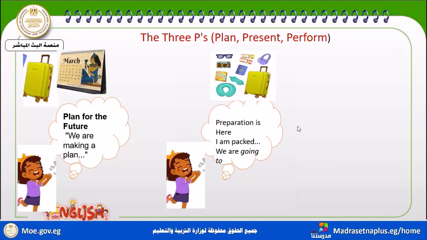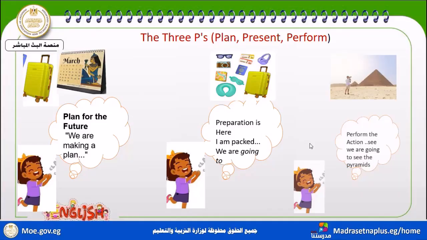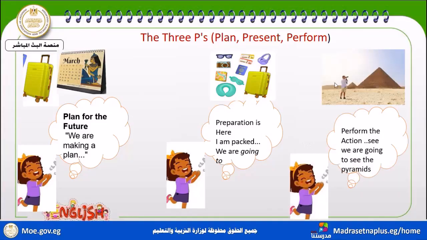So she has already packed, and now she is going to perform her plans, to put her plans into action. So we are going to see the pyramids. We are going to take photos of the pyramids. We are going to visit Egypt. These are the three P's that we use with going to.